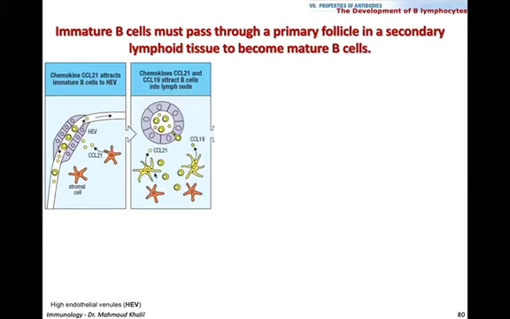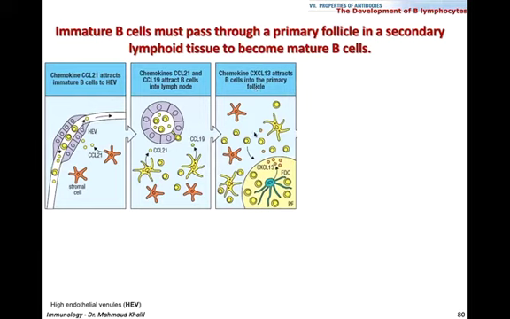The release of another important chemokine, CCL19, together with CCL21, will attract these B lymphocytes outside of the venule toward the lymph node. And so you can see now that the B cells have escaped from the venules into the tissue of the lymphoid organ.